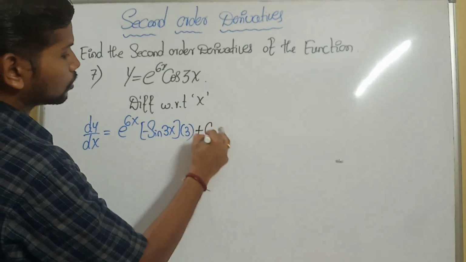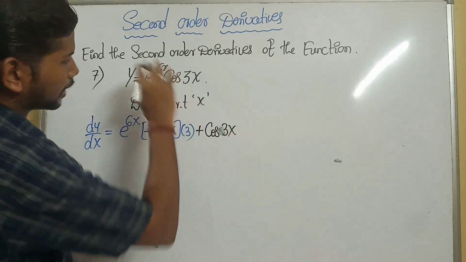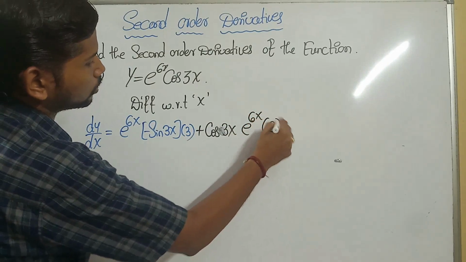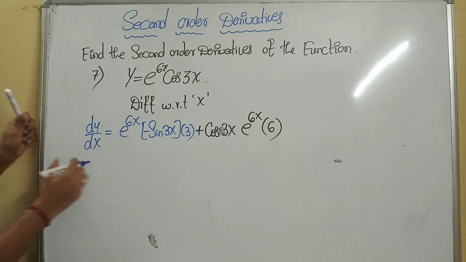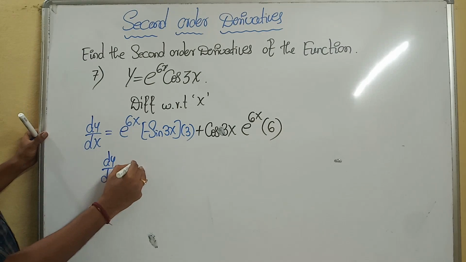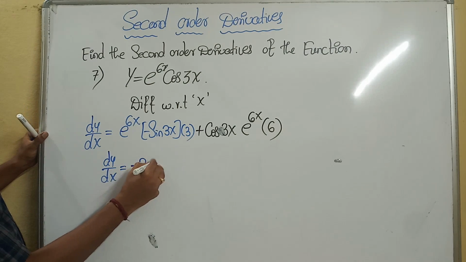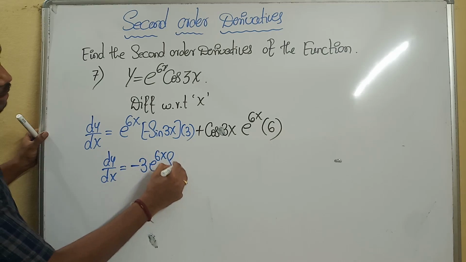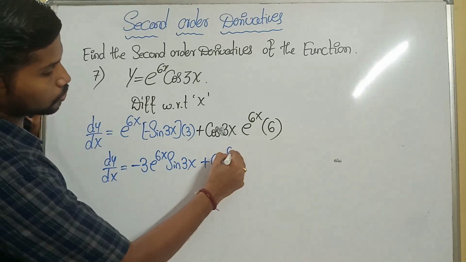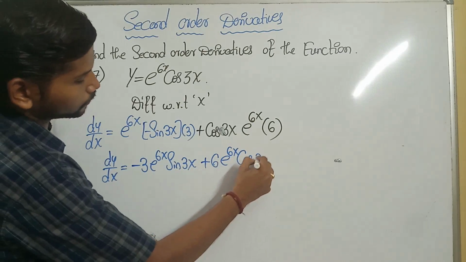Plus cos of 3x as it is, e raised to 6x derivative will be e raised to 6x into 6. I'd like to write the simplified step for the first order derivative. It is minus 3 e raised to 6x sine of 3x. It will be plus 6 e raised to 6x cos of 3x.